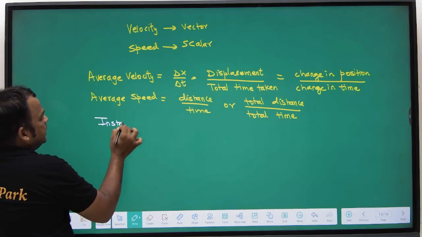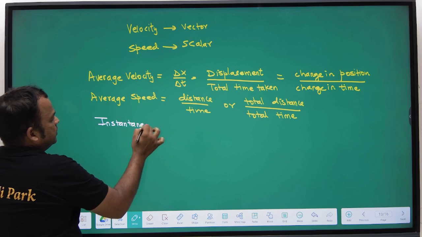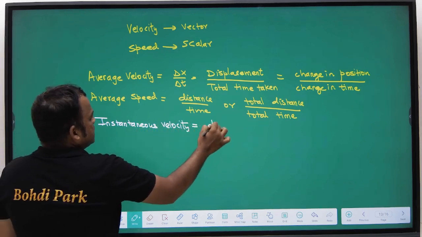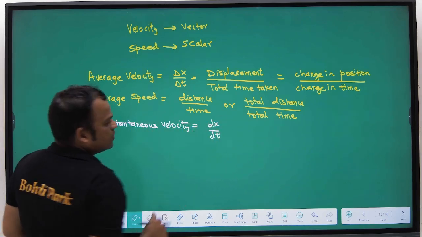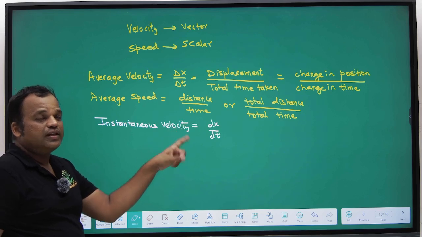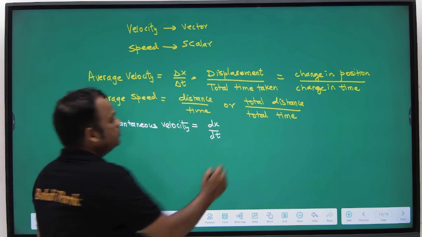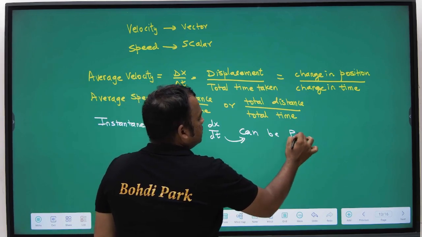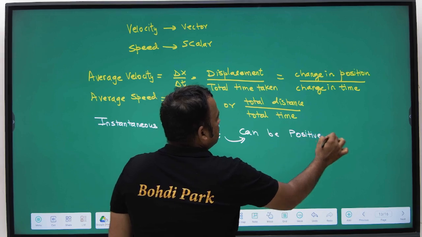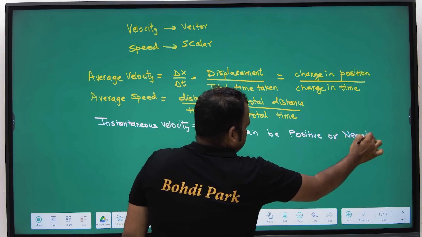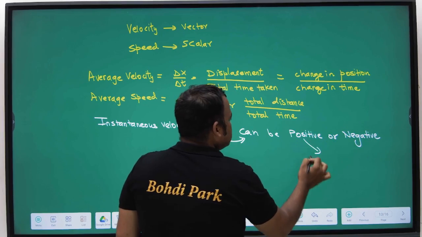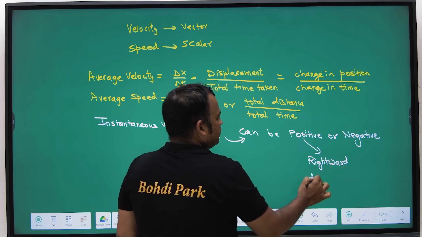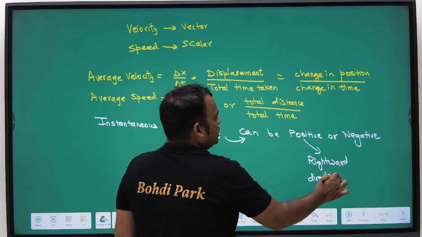Now instantaneous velocity. Instantaneous velocity we have discussed. It is dx by dt. Now when we say dx by dt, it can be positive or negative. When it is positive, it means rightward direction.